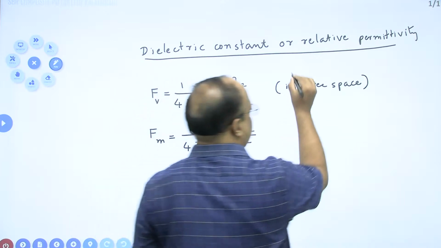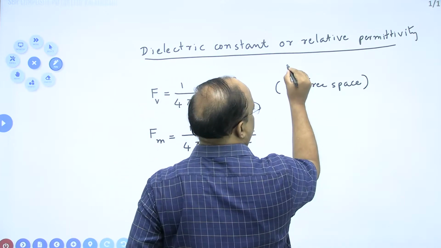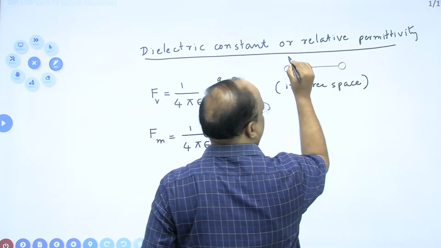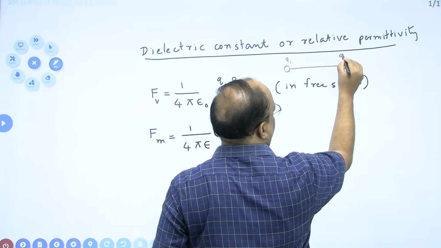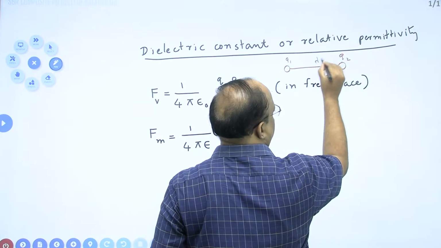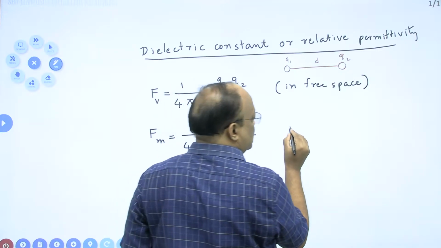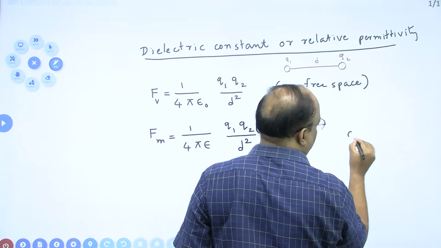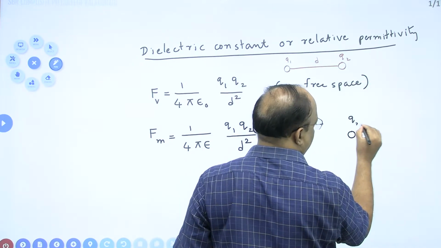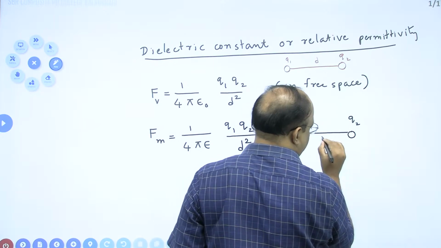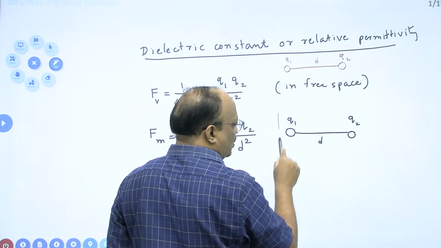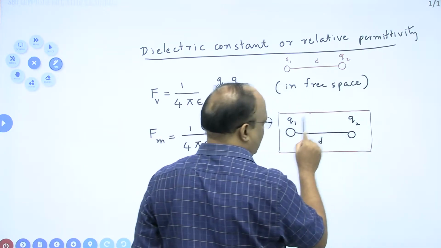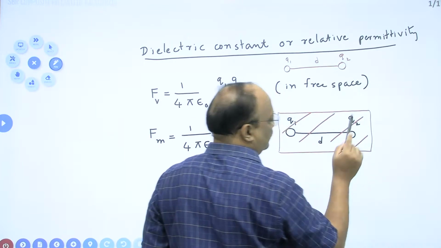So this is initially two charges, q1 into q2 separated by distance d. Same charges q1 and q2 separated by the distance d, but now these two charges are placed in a medium.